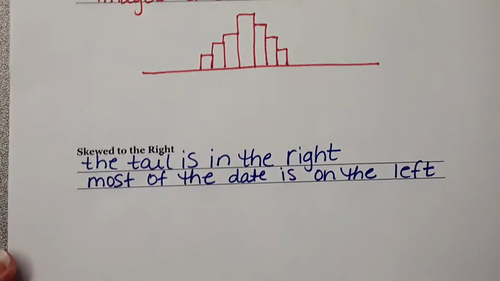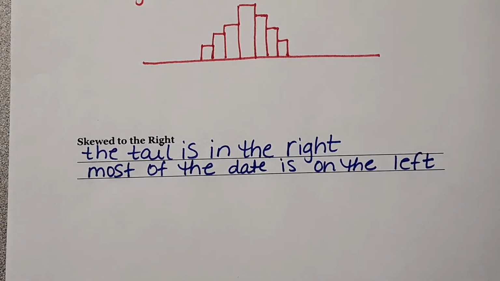The reason it is called skewed to the right is because that tail end is pulling the data towards it. I'm showing you, but they can't see me. So that's the one thing you need to know: when you're looking at a histogram, you need to look at where the tail is, because that tells you which way it's skewed, if it's skewed to the right or to the left.